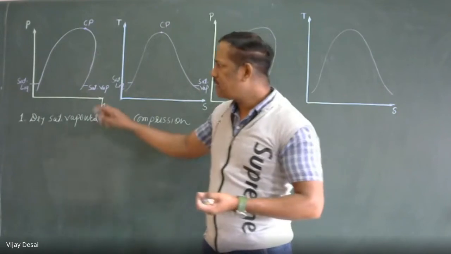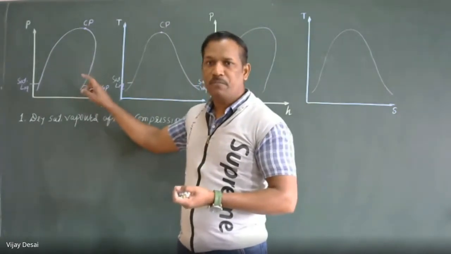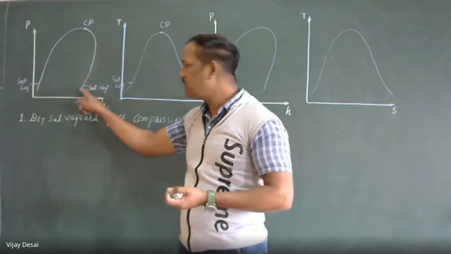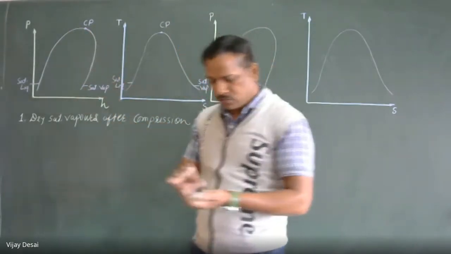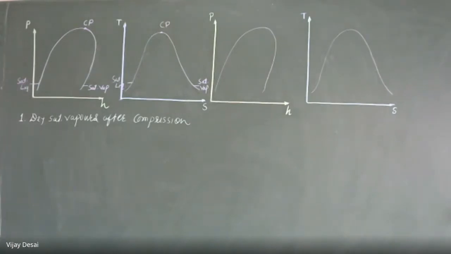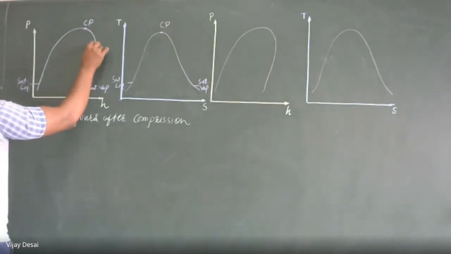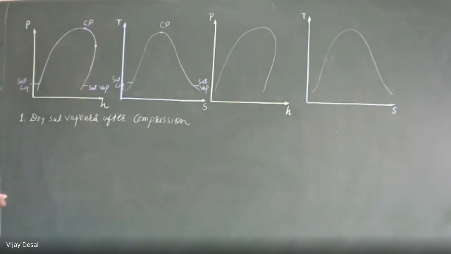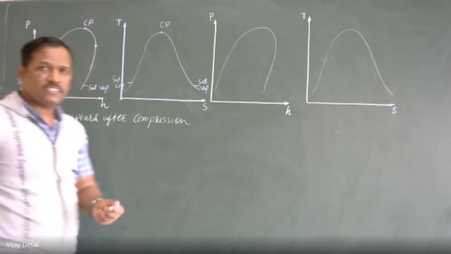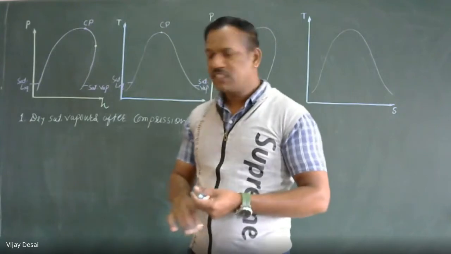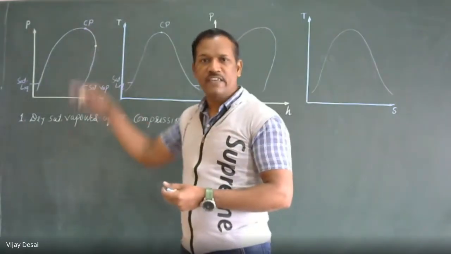So whatever be the point after compression will lie on this dry saturated vapor line, vapor curve. So we have to locate the after compression point on this. So suppose this is the point which is after compression. The compression process is assumed as adiabatic. So compression will be considered at constant entropy.